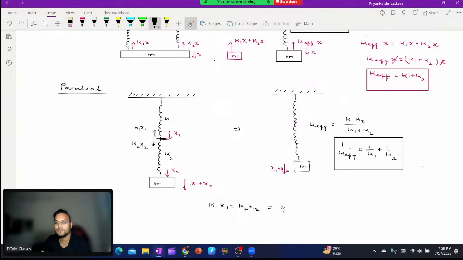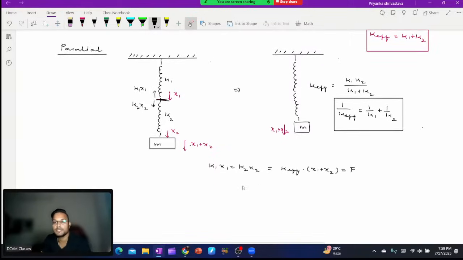And this should be equal to K effective into x1 plus x2. Let's equate this with some force F, some constant.